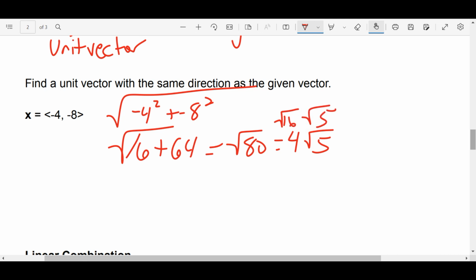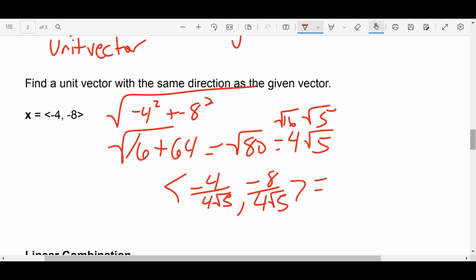That's going to make our problem look a lot nicer. So when I do the vector, negative 4 divided by 4 root 5, comma, negative 8 over 4 root 5. Negative 4 divided by 4 is negative 1. How nice is that? U is equal to all this. So it's going to be negative 1 over root 5.